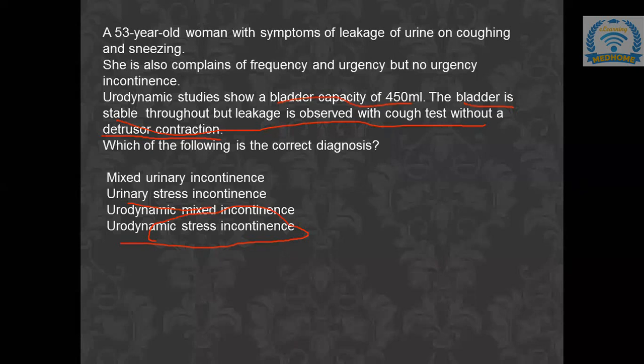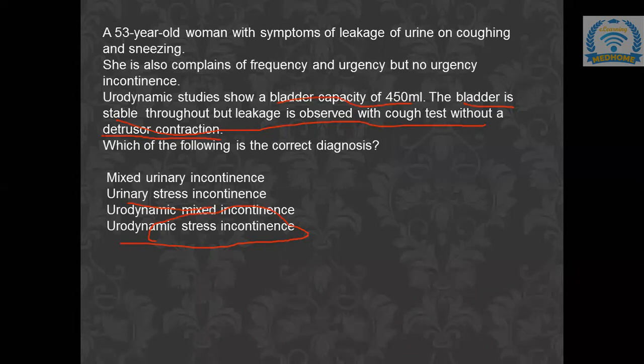Look, if there is sensory incontinence or sensory urgency, the whole urodynamics study will be normal. Only the bladder capacity will be decreased. So even if the question was the same but the leak was also removed and only bladder capacity was reduced, then definitely my answer would be sensory urgency.